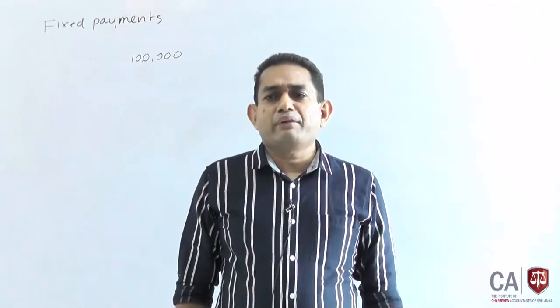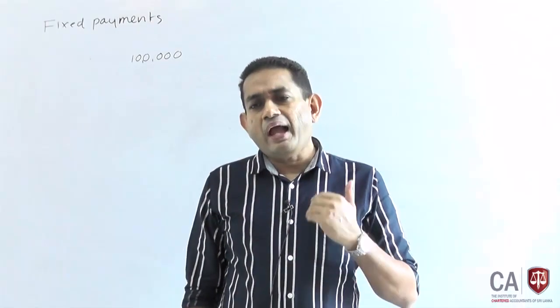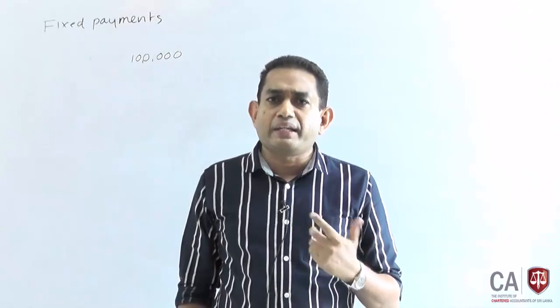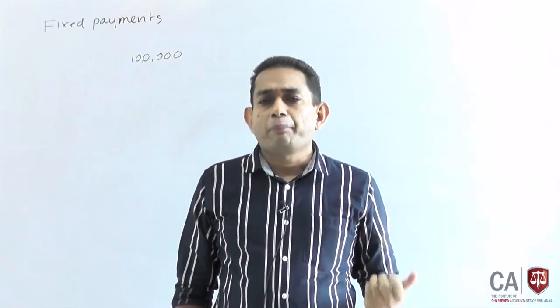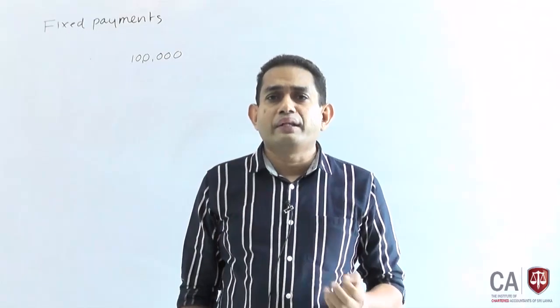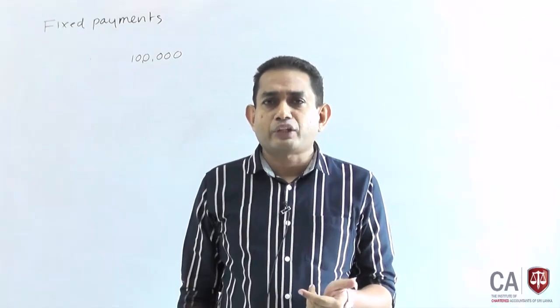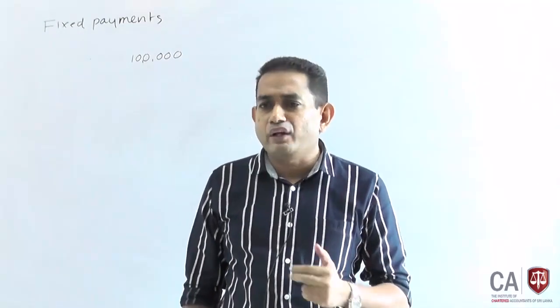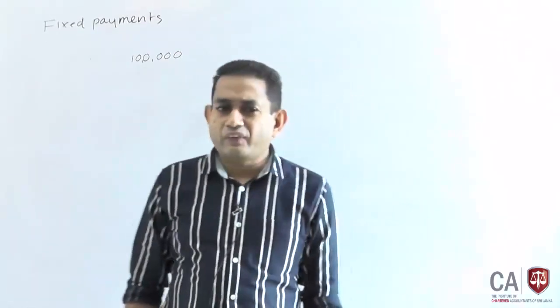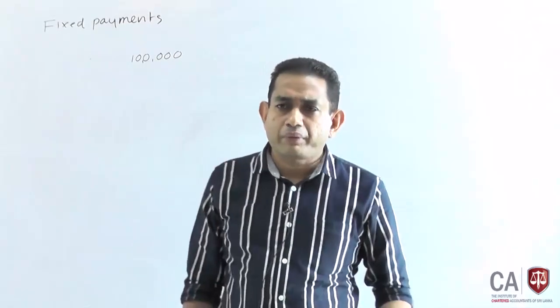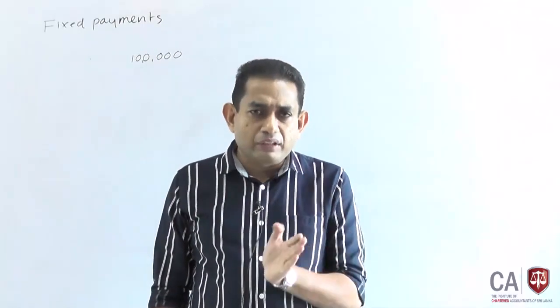Variable payment may be an additional payment which the lessee becomes liable to pay to the lessor depending on the interest rate, depending on price indexes, or depending on the usage pattern of the asset. We will do a lot of questions depending on the availability of time.